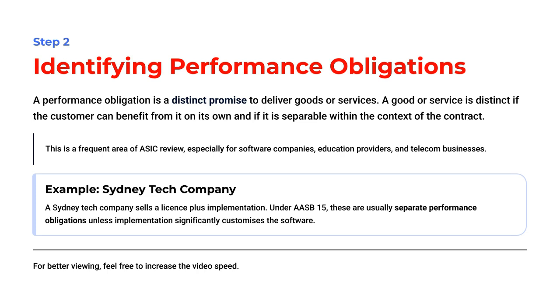This is a frequent area of ASIC review, especially for software companies, education providers, and telecom businesses. Example: a Sydney tech company sells a license plus implementation under AASB 15. These are usually separate performance obligations unless implementation significantly customizes the software.